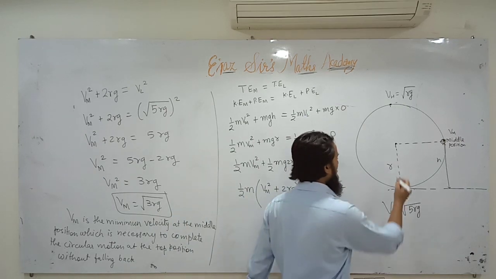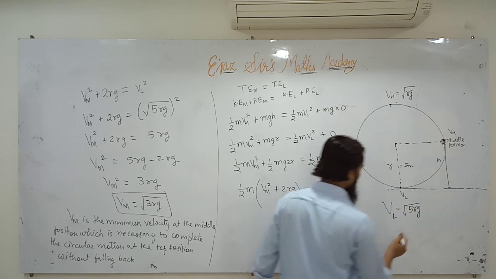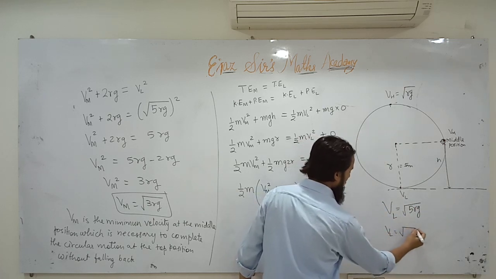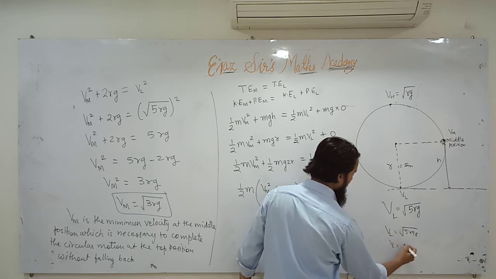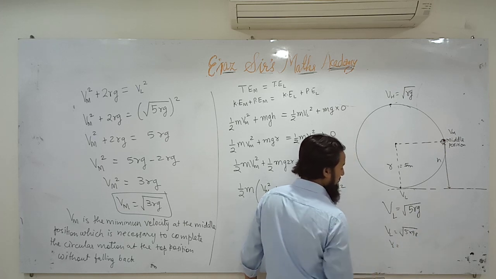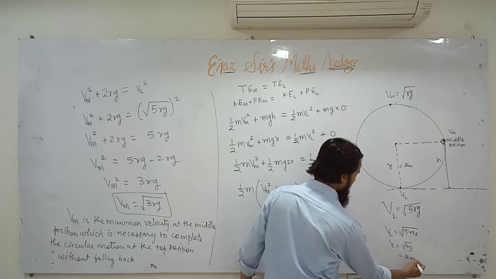Suppose this radius is 5 meters. Then VL should be 5 into 9.8, which is 49, so it should be 7 meters per second.